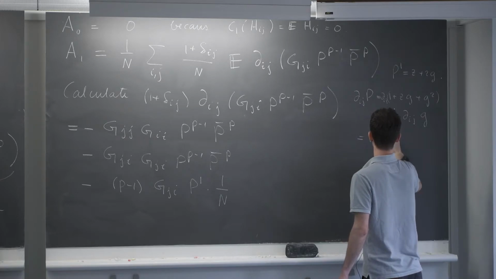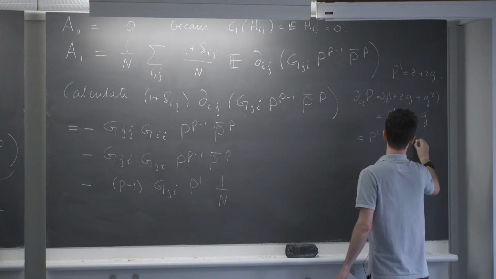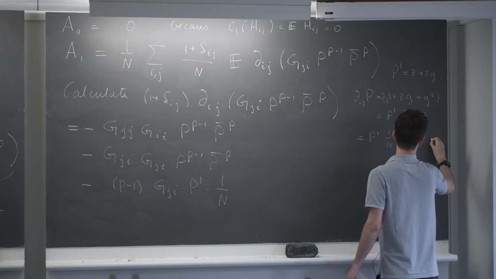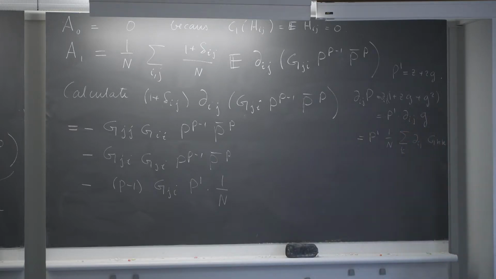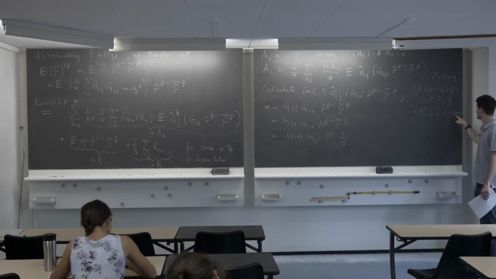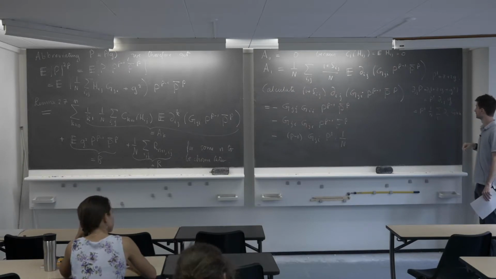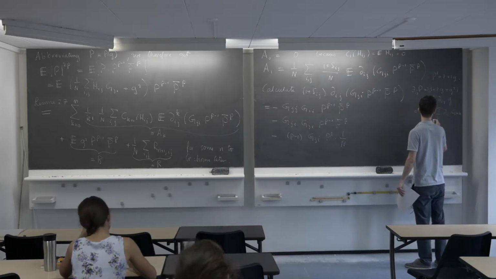This is p prime times 1 over n, sum over k. Okay, this is how I can differentiate little g. I write little g as the average of these g_kk's. And here again I apply my formula. And this time you will see what you get. Let me do this.